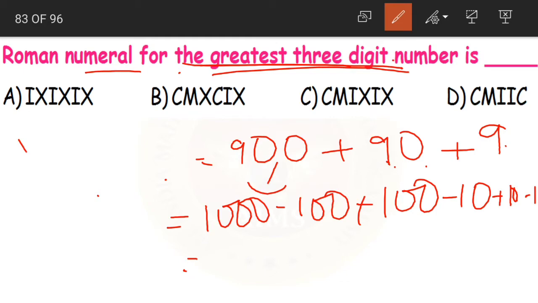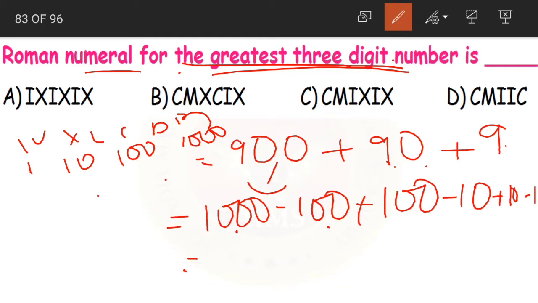Let us write the chart I V X L C D M. This is 1, this is 10, this is 100 and this is 1000. These are what we need here. Now 1000 minus 100, that is M and C. How will we write it? CM. The smaller number is to be written to the left of the larger number. The 90 is 100 minus 10, so XC.